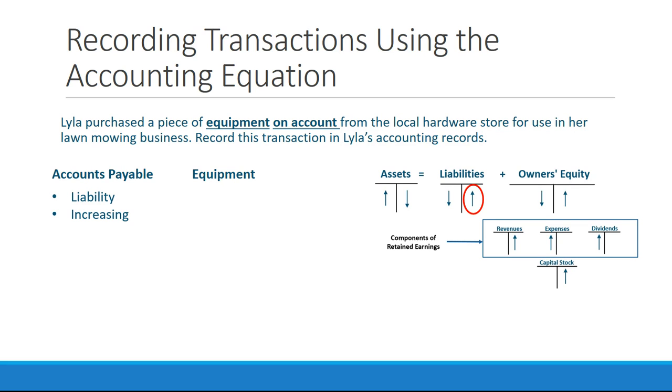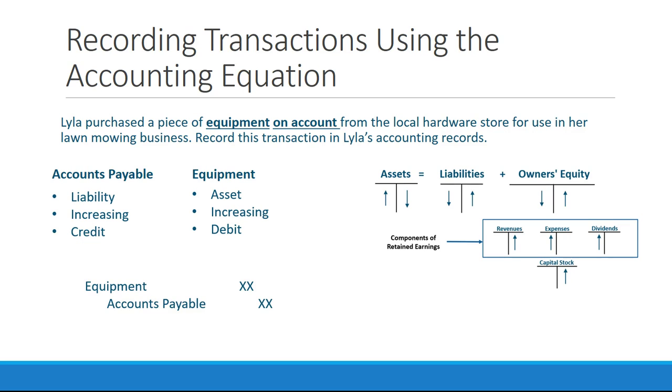Okay, how do we increase a liability account? Through a credit. If you look over to the right side, credits increase liabilities, so we need to credit the accounts payable account. Remember that equipment is an asset, and that asset account is increasing because she's purchasing more equipment.